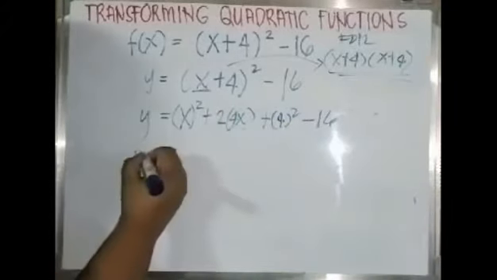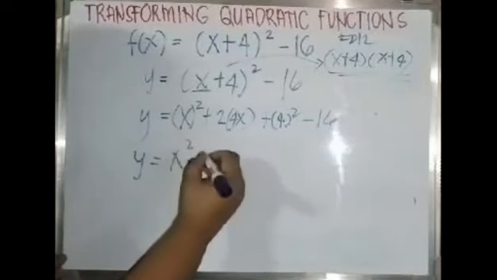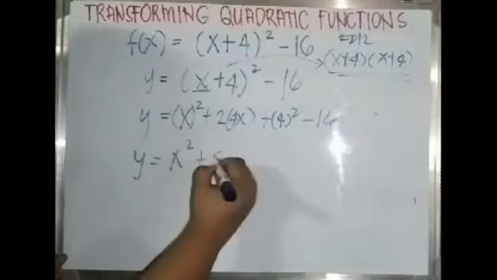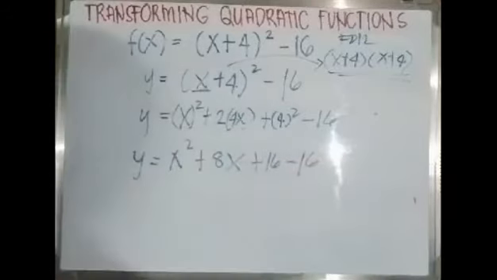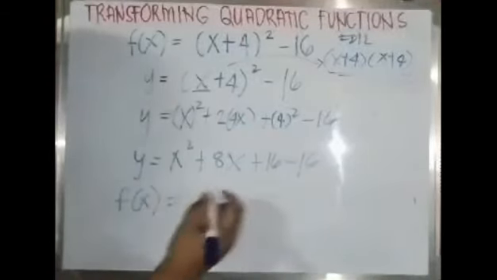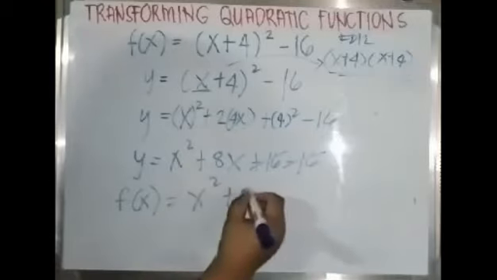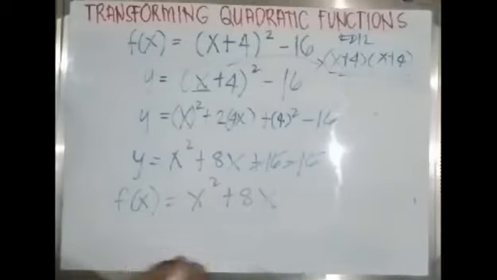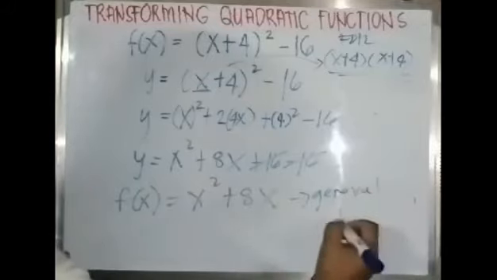Now, let's simplify it further. You have x squared is x squared. 2 times 4, that is 8x. Plus 16 minus 16. So, your y here, or your f of x, simplifying this will be 0. So, x squared plus 8x. This is now your general form.